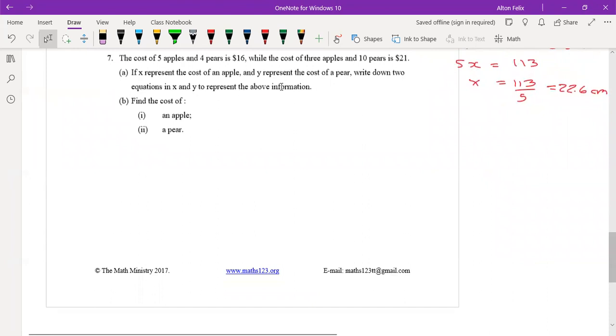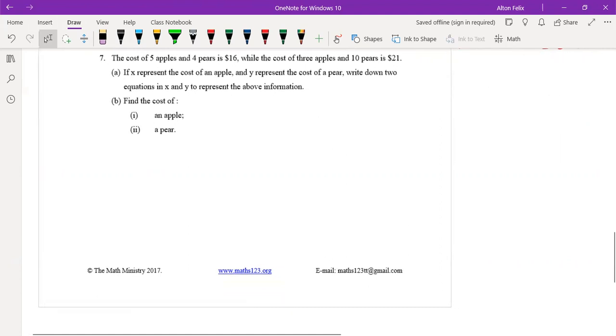Again, simultaneous equation, so we could probably clear that last part there. The cost of 5 apples and 4 pears is 16, while the cost of 3 apples and 10 pears is 21. X represents the cost of an apple, right? And Y represents the cost of a pear, right? On two simultaneous equations. So if you have 5 apples and 4 pears, then the total cost of the 5 apples will be 5 times X. Right?